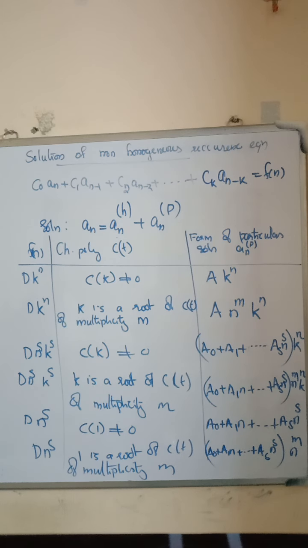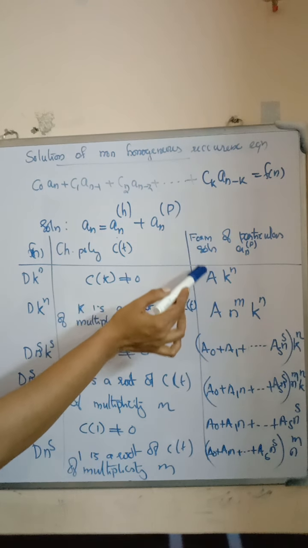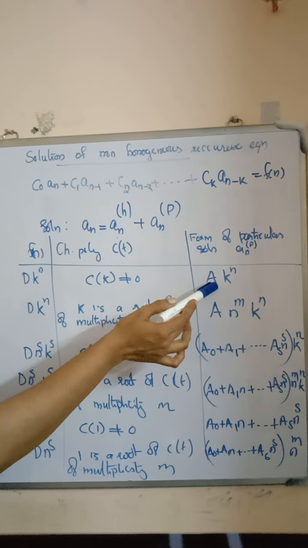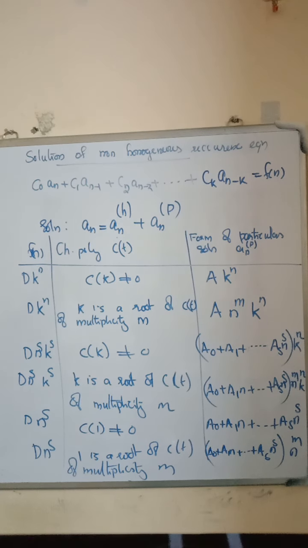Okay, if the right hand side Fn is of the form k raised to n, and c of k is not equal to 0 in the characteristic polynomial, then the form of the particular solution is a k raised to n.